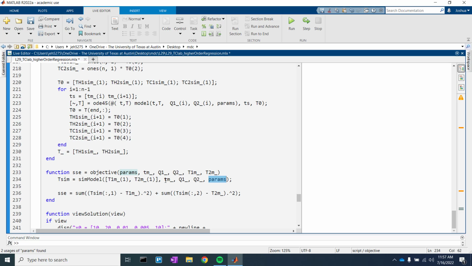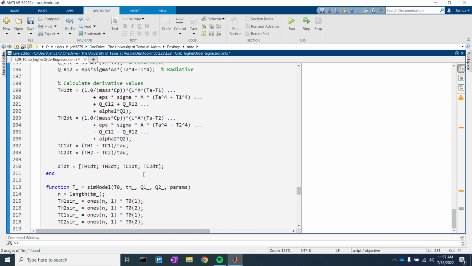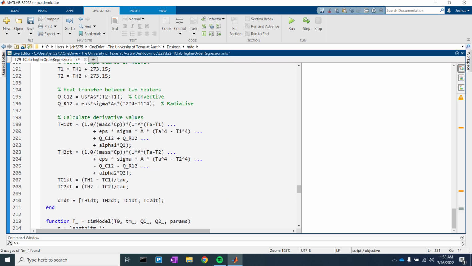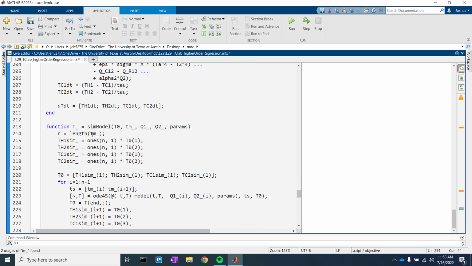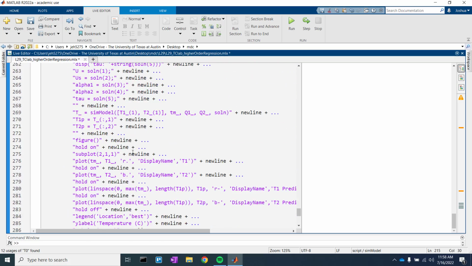The sim model, which is this right here, takes arguments time, Q1, Q2, and then params. And then from params, where do we get Q1? Oh, it's the first argument in sim model.